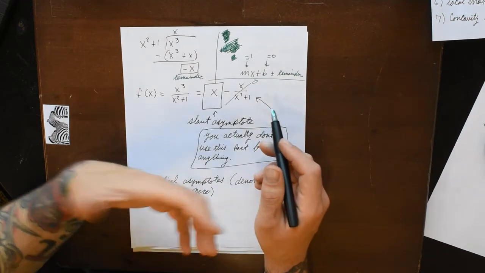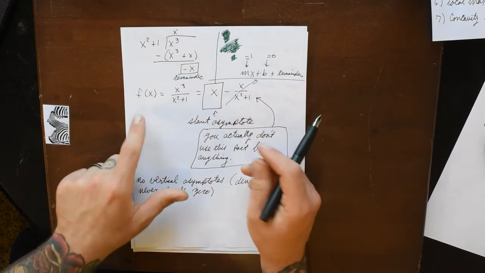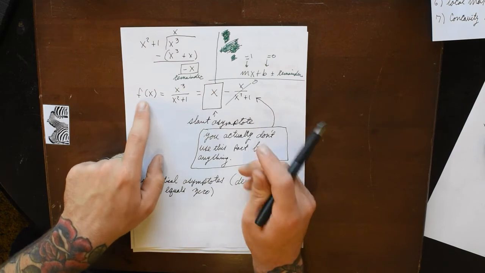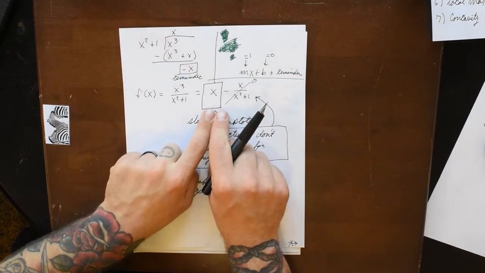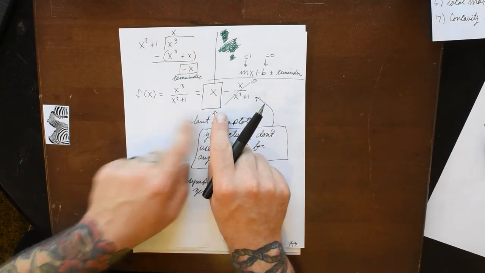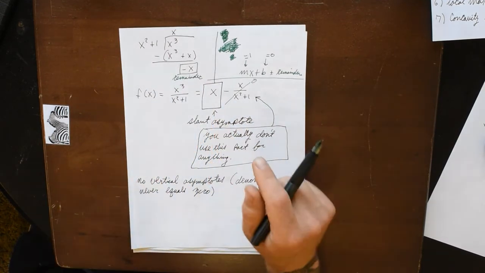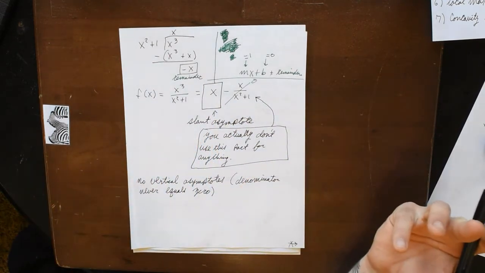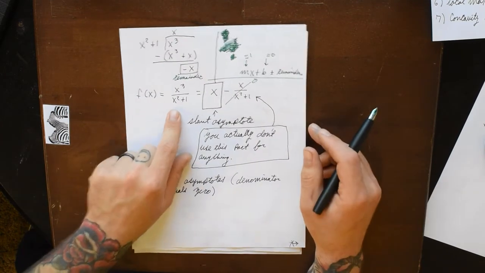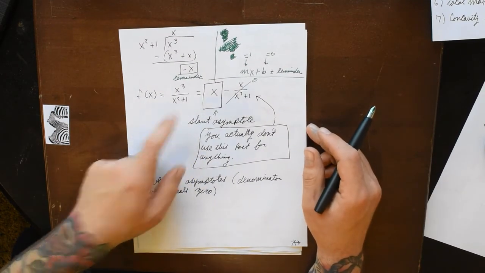We have it in the negative direction too. The limit as x goes to positive infinity is going to go off to positive infinity, and the limit as x goes off to negative infinity is going to go down to negative infinity. We have vertical asymptotes where our denominator equals 0, but there's no way for our denominator to equal 0.